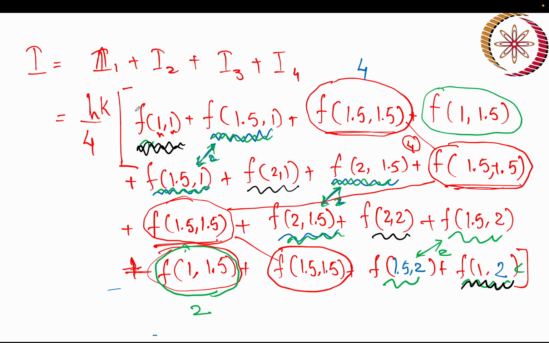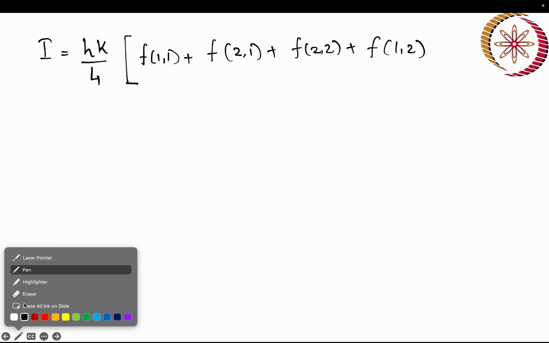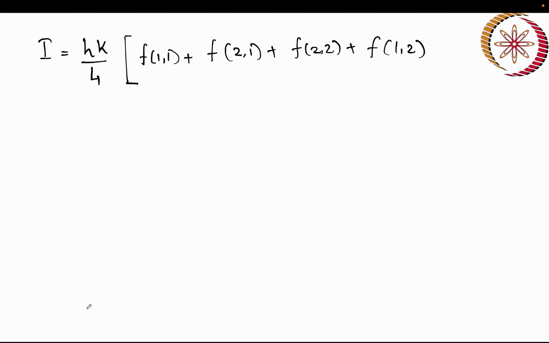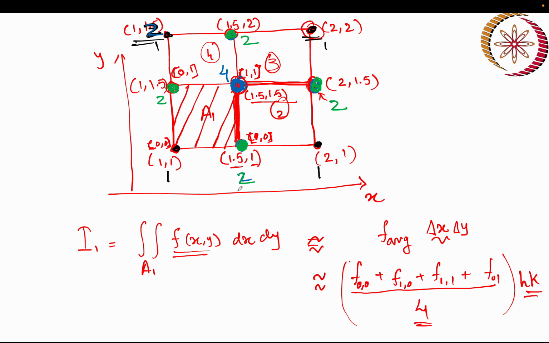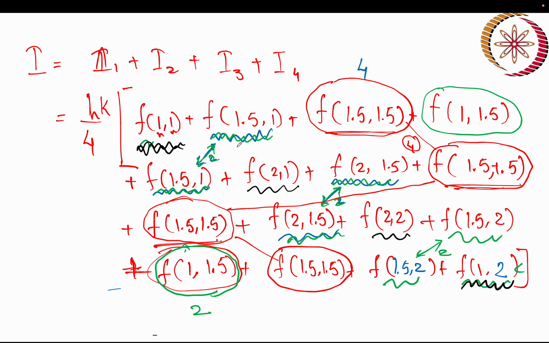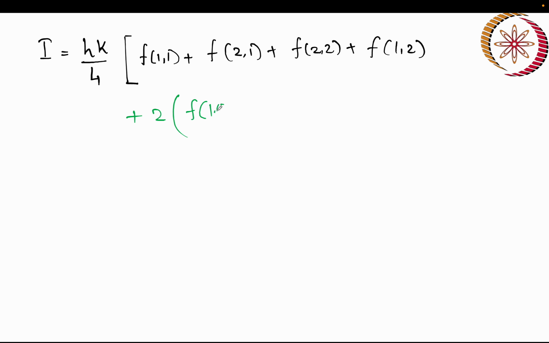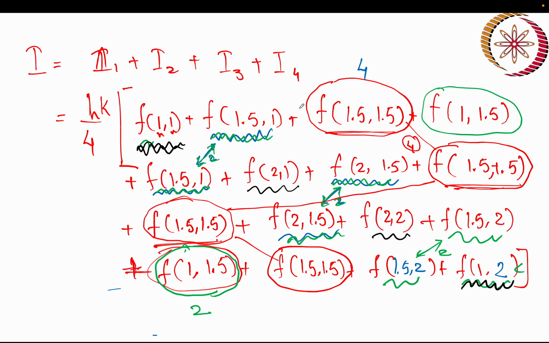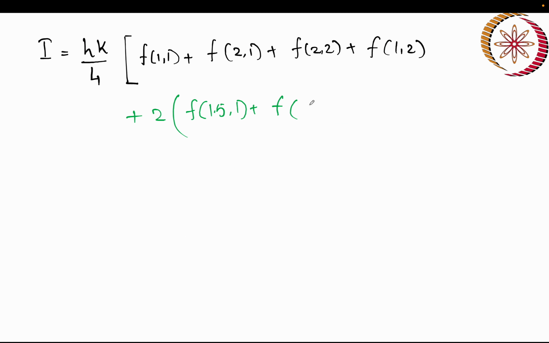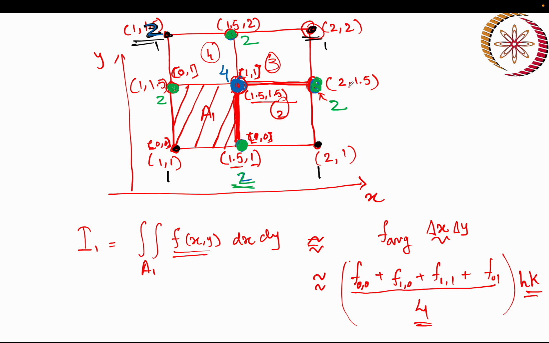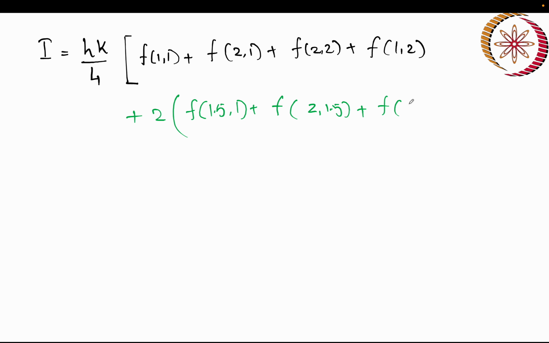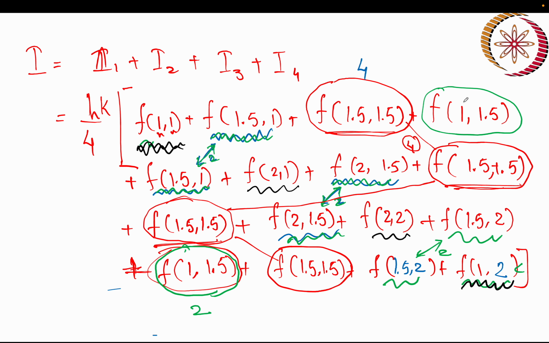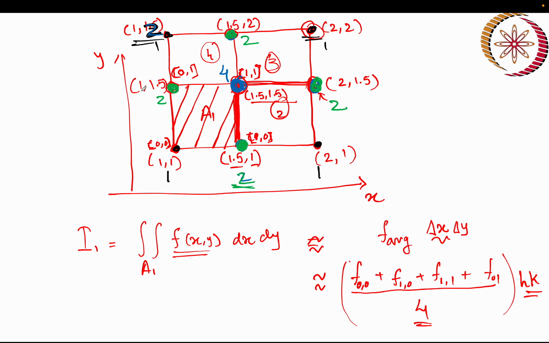Okay, so this has come once, then we'll go with the terms which have come twice, plus 2 into, we'll write this term first, f of 1.5, 1, plus f of 2, 1.5, plus f of 1.5, 2, plus f of 1, 1.5.